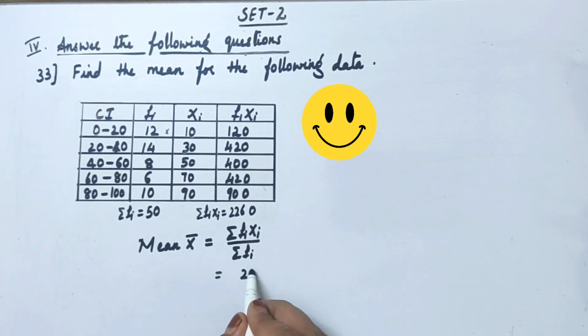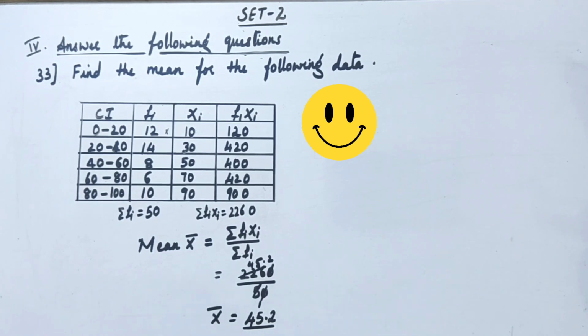So 2260 upon 50. 0 0 cancel. Now 5 ones are 5, 5 fours are 20, 2 remainder. 5 fives are 25, 1 remainder. 5 twos are 10. So in total I'm going to get 45.2 is the mean.